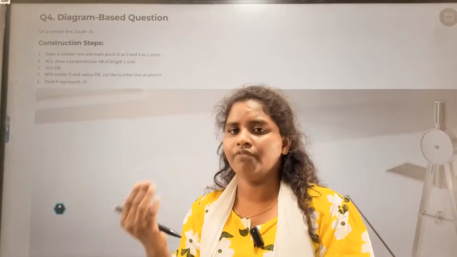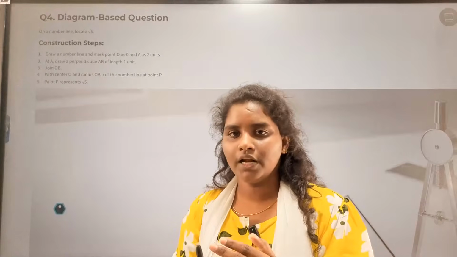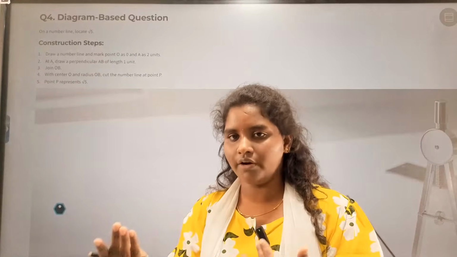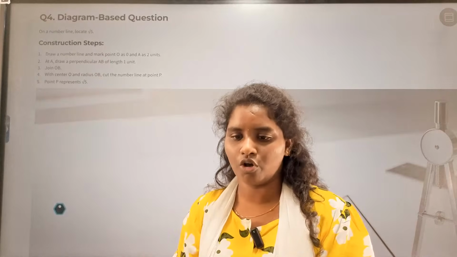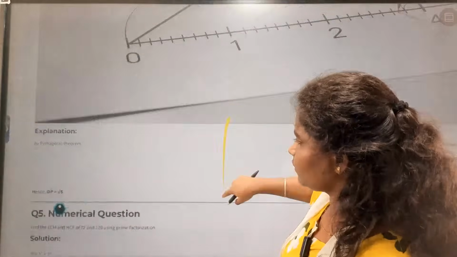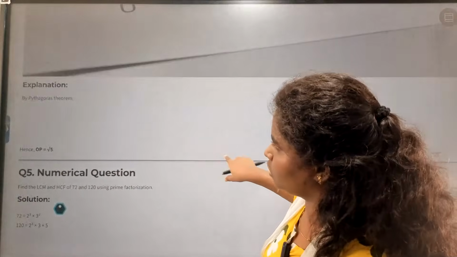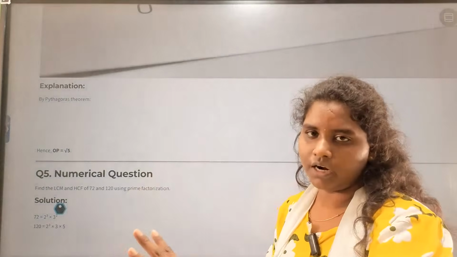If two sides are given and we have to find the third side, we use the Pythagoras theorem. In that, the square of the longest side is equal to the sum of the squares of the other two sides. That is the statement of the Pythagoras theorem. If I simplify that, we'll get the answer for this question. So we just have to plot root 5 on the number line.